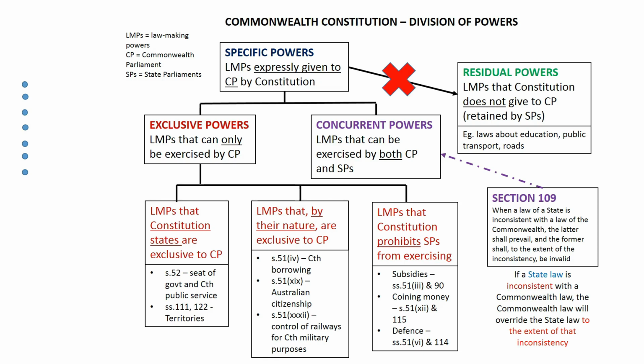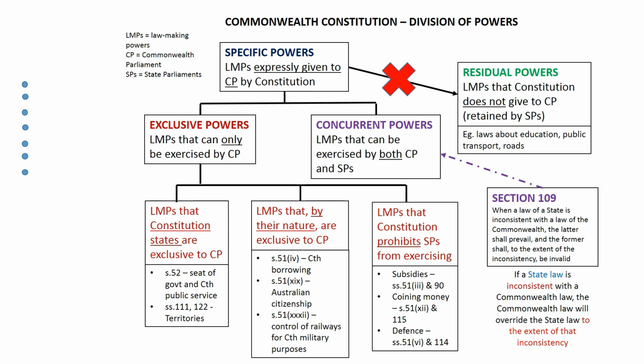Now, I've set all of that out in a handout entitled Very Important Notes on Section 109. And you'll see that the second page of that note refers to a case called McBain against the State of Victoria. This is a very good example of how Section 109 can operate.